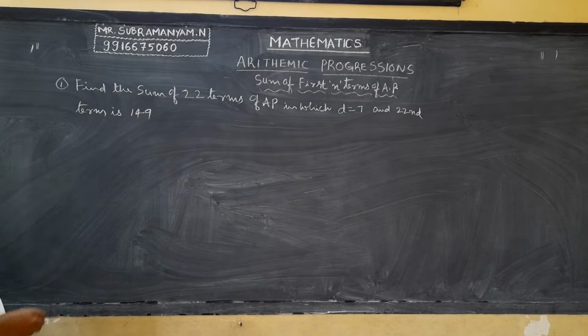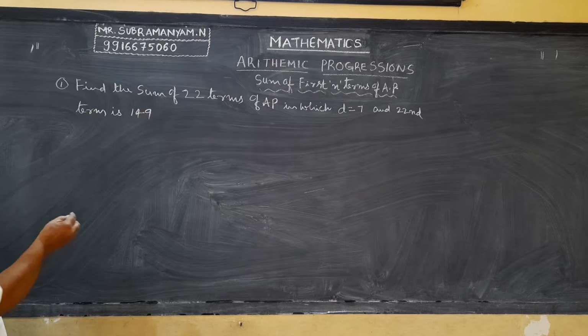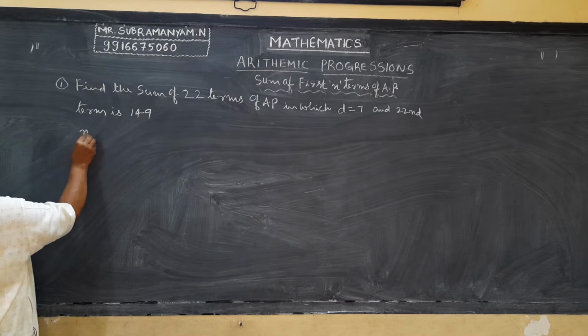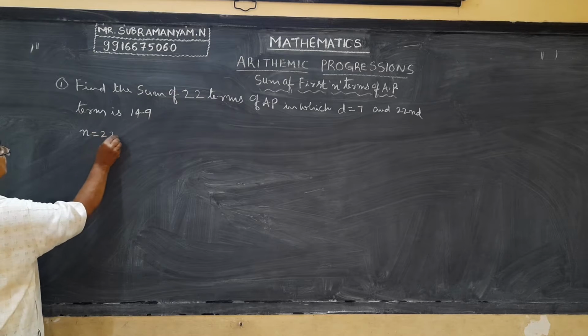They have given the sum of 22 terms. That means n value is 22.